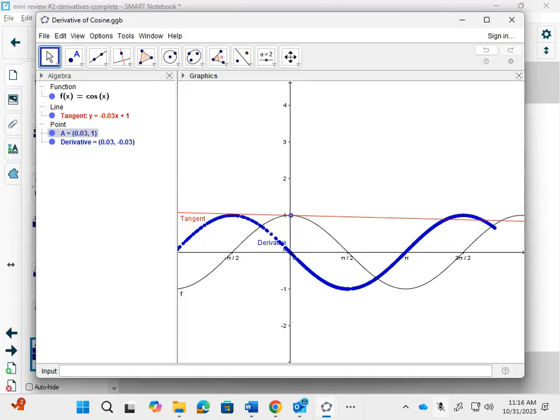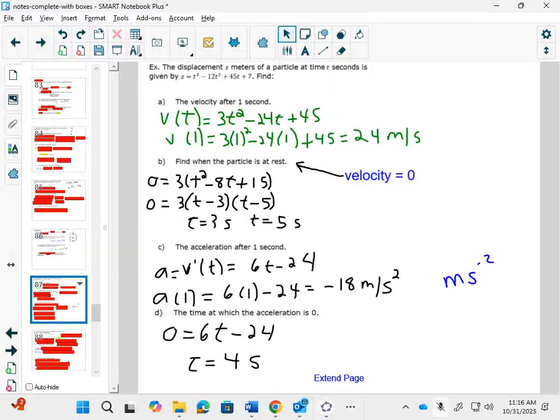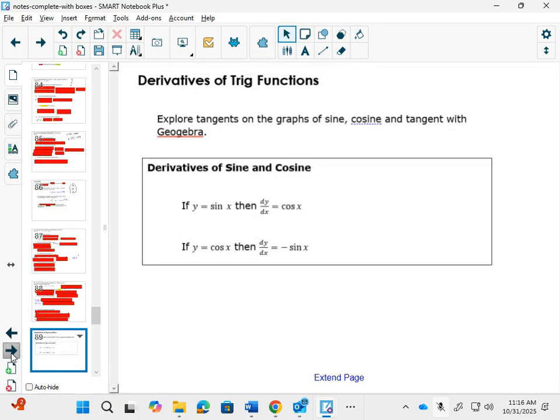So in our notes, I'm going to tell you that it's not hard. Here we go. No, wrong one. Okay. In our notes, I'm going to tell you, you could get these easily mixed up because the derivative of sine is positive cos, but the derivative of cos is negative sine.